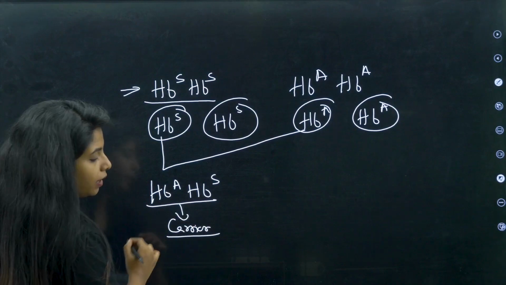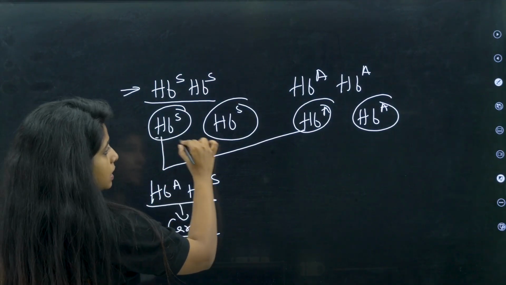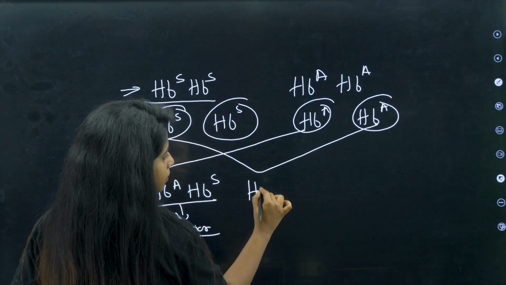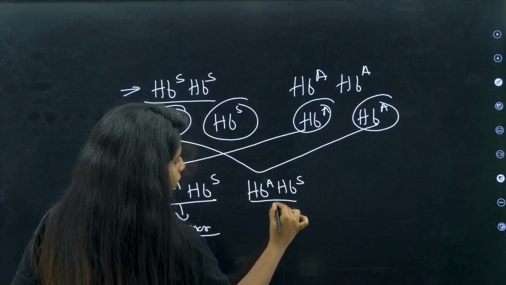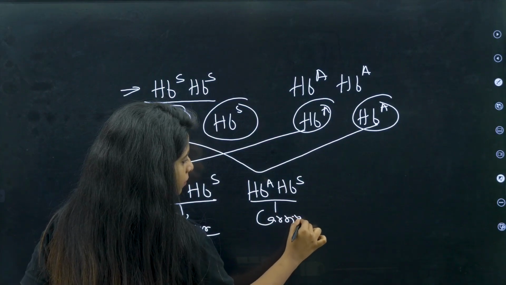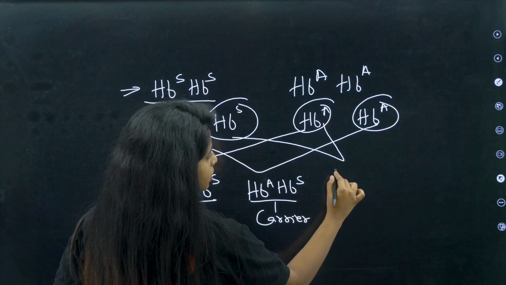He or she will be what? A carrier, my dear children, because you see one S is there. This and this fuse again. Okay? Again what? Carrier. This and this fuse.